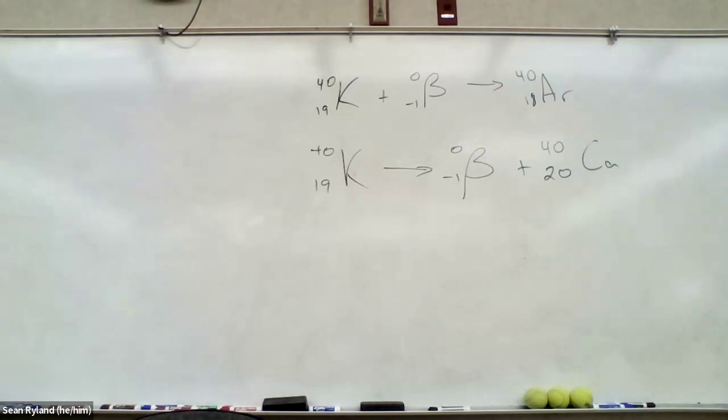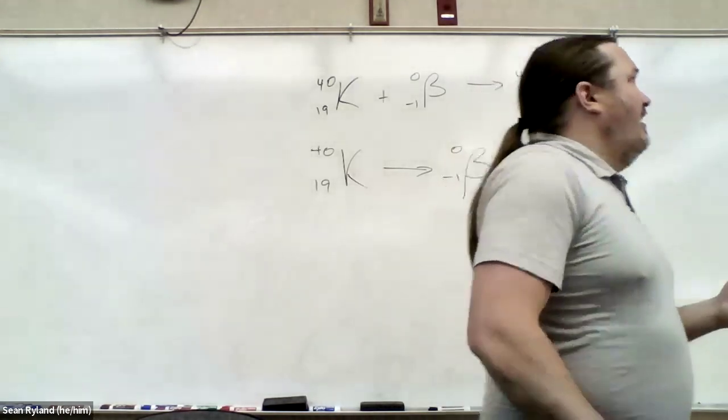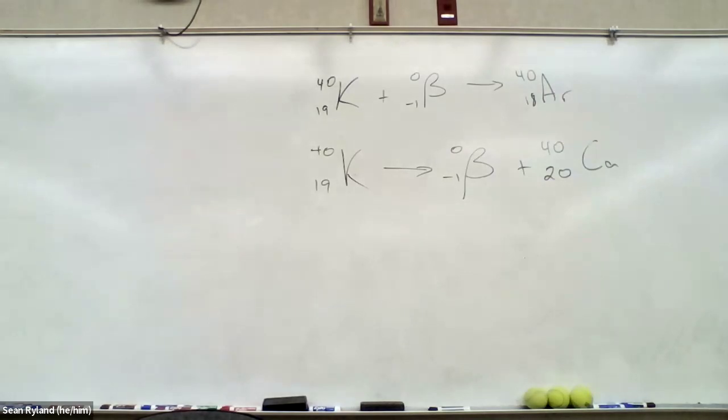It turns out that there's sort of a sweet spot that they call the valley of stability. The valley of stability is basically where you have the right ratio of protons to neutrons, you get a stable nucleus. So all of the blue-green dots are stable nuclei.